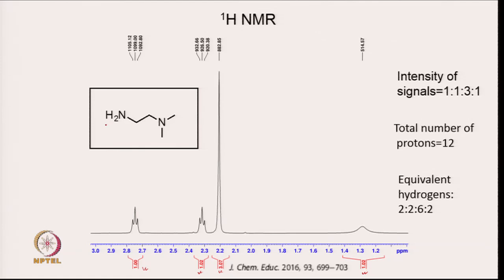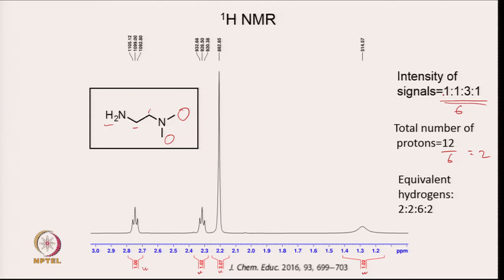If you remember, there are 2 protons here, so total is 4, 2 protons here, 6, and then 3 here, 3 here. So, 6 plus 6, 12 protons. Intensity, if you sum this, is equal to 2 plus 3 plus 1 is 6. So, let us divide: 12 divided by 6 is equal to 2.